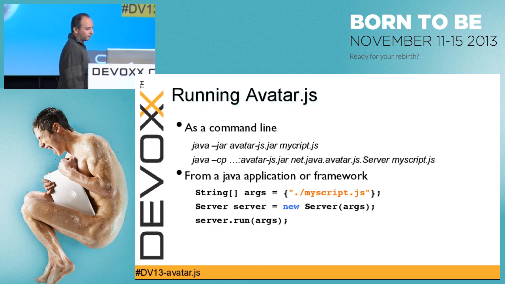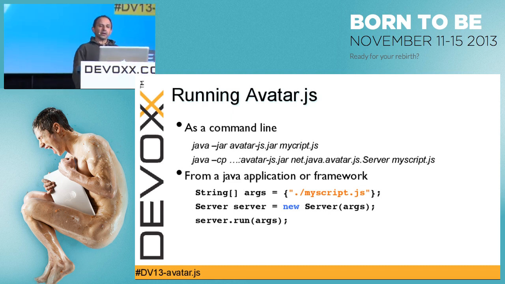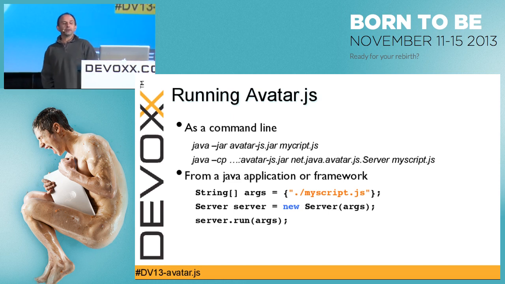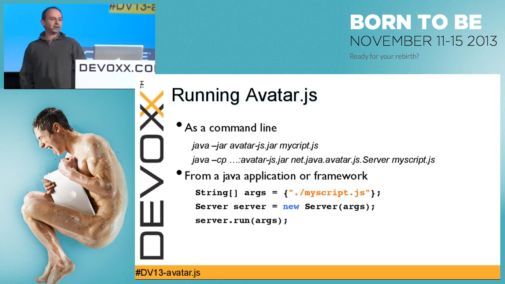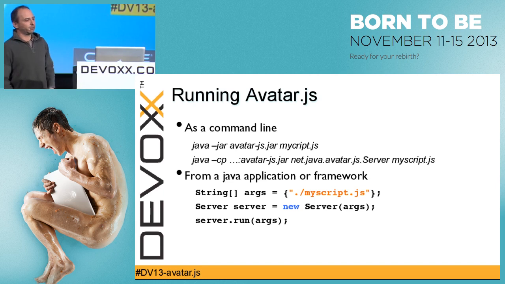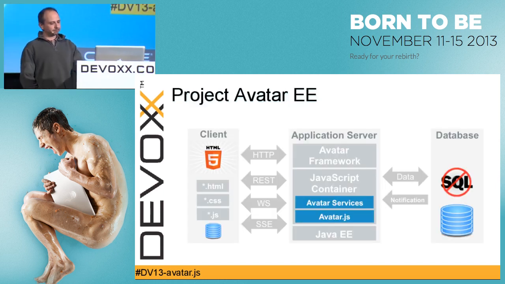Otherwise, you can also create an Avatar.js instance and call the framework from your Java application or framework. A single class, this server class that you can run, providing some arguments, obviously the script you want to run.